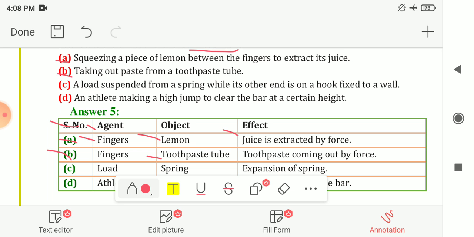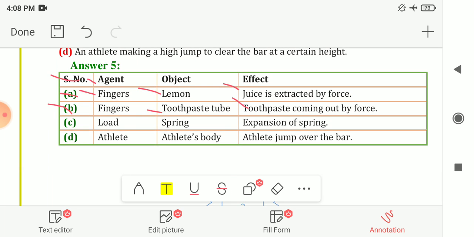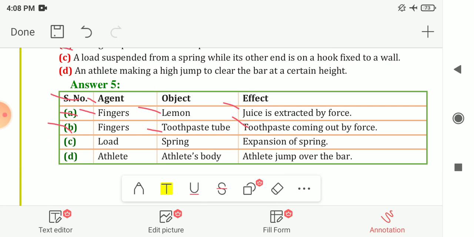The object on which we are applying the force is the toothpaste tube. Next is effect. What is the effect on the toothpaste tube? The toothpaste comes out by the force, or you can say the shape of the toothpaste tube is changed and the paste comes out from the tube. So these changes are occurring because of the force which we are applying.